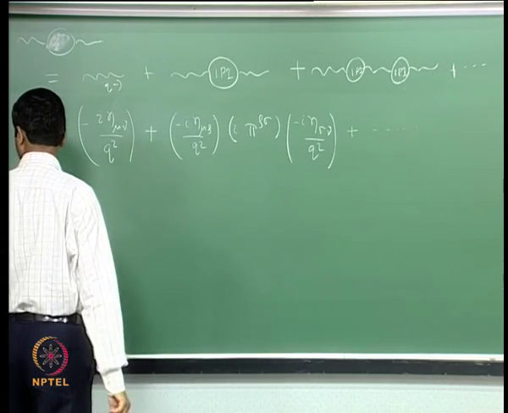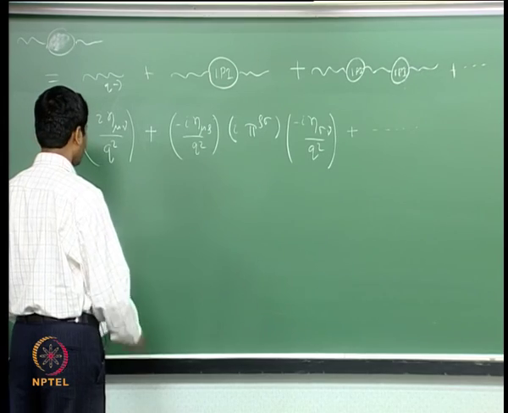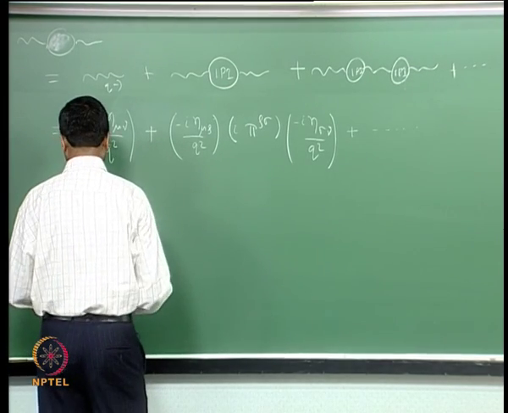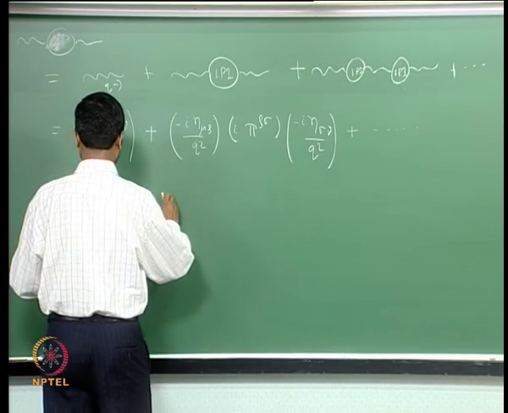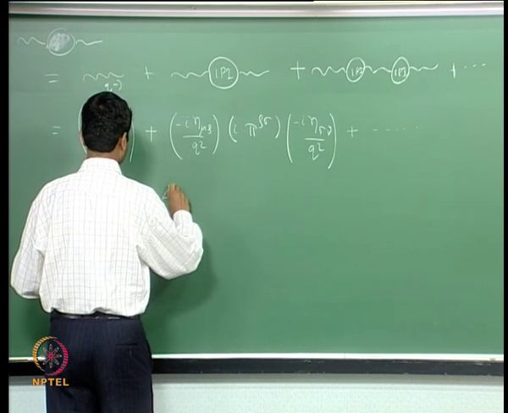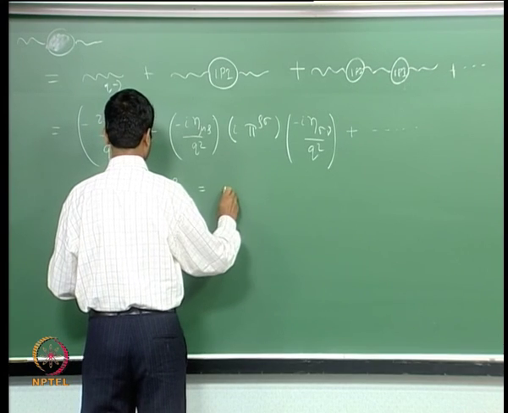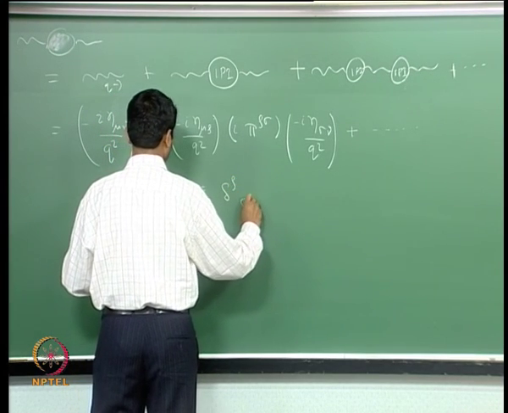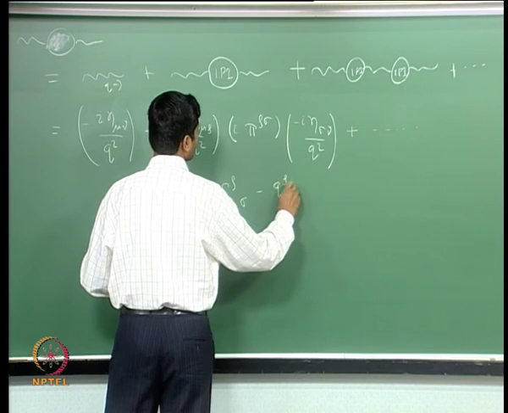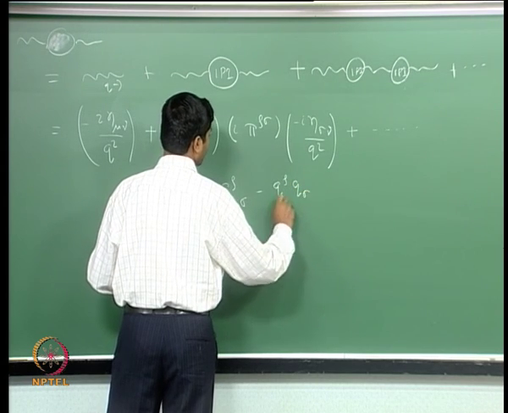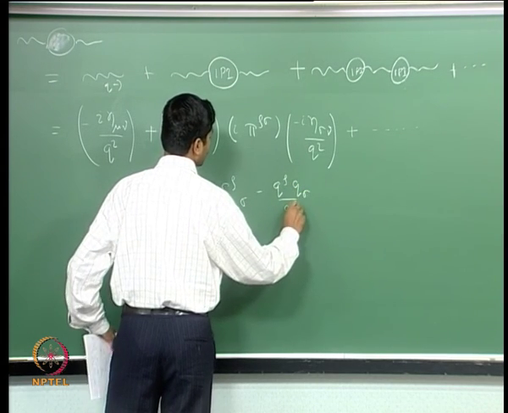Now, suppose I introduce this tensor here, δ_ρσ, to be δ_ρσ minus q_ρ q_σ divided by q².